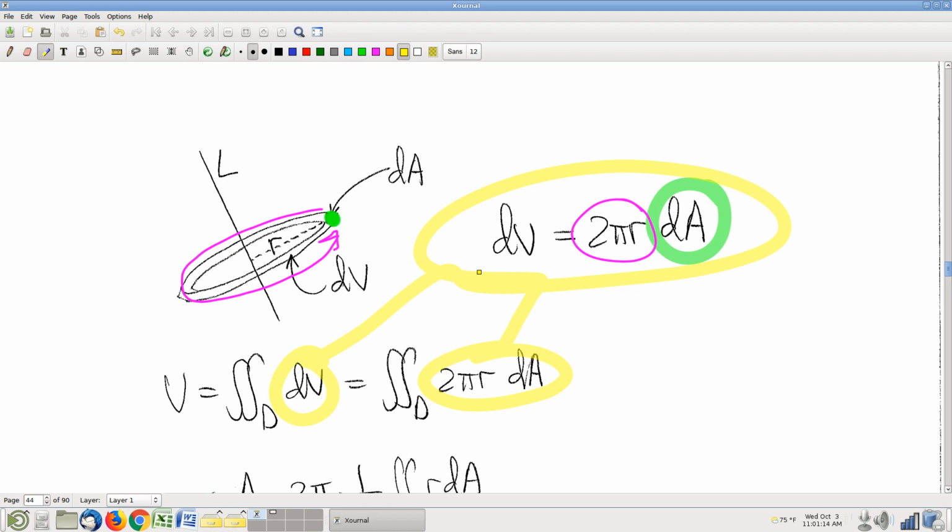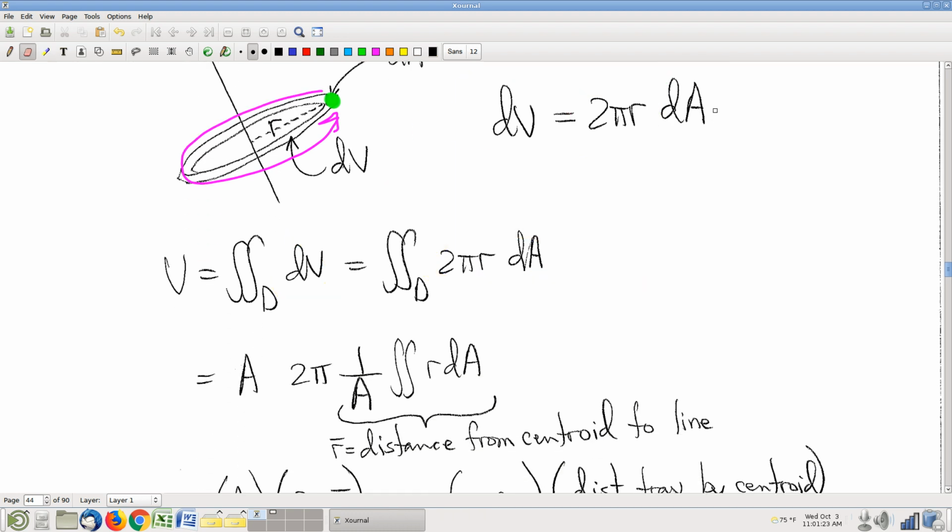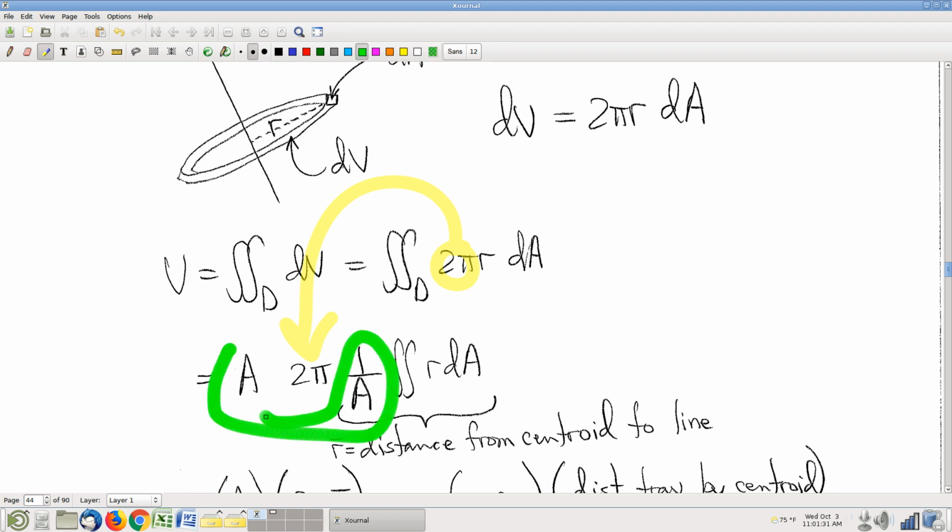Okay. So yeah, there's an integral, and I suppose you can crank out that integral, but it's even better. This is where the move gets really slick, and that is to take this resulting integral here and factor out the 2 pi, and then both multiply and divide by area, weirdly.